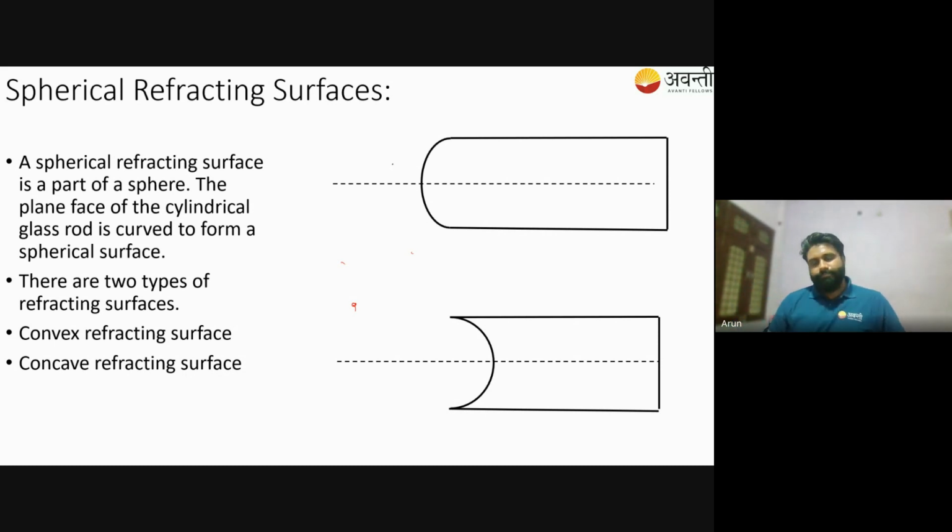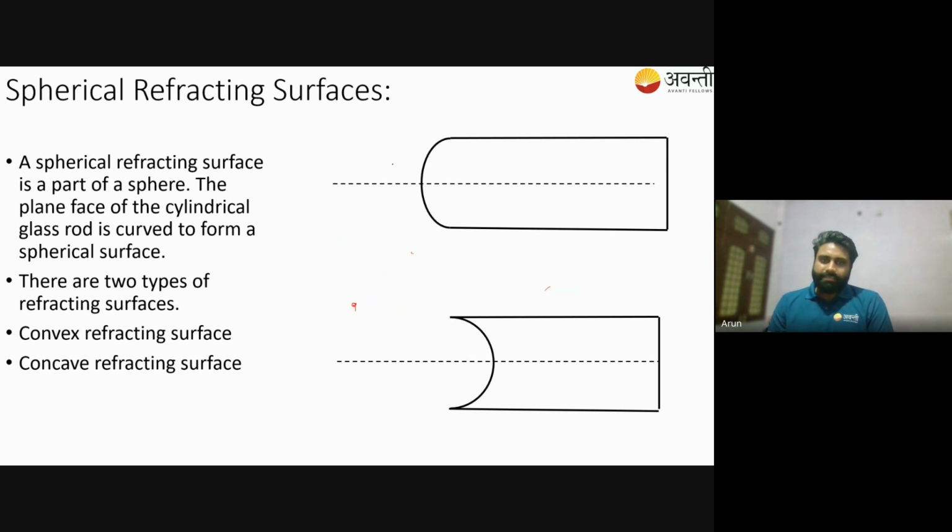If you have a material which is curved from one side and plane from one side, you will see in the next discussion this type of surface. If you attach this surface to a cylindrical rod, this merge will give you a shape like this.